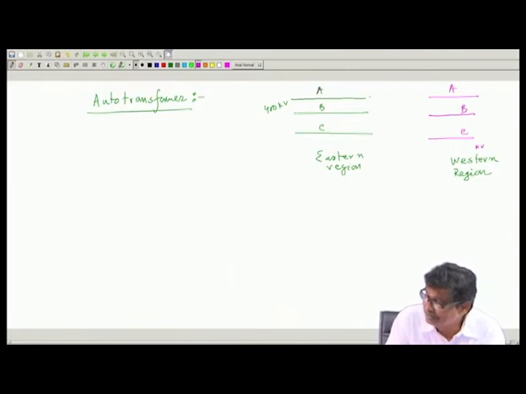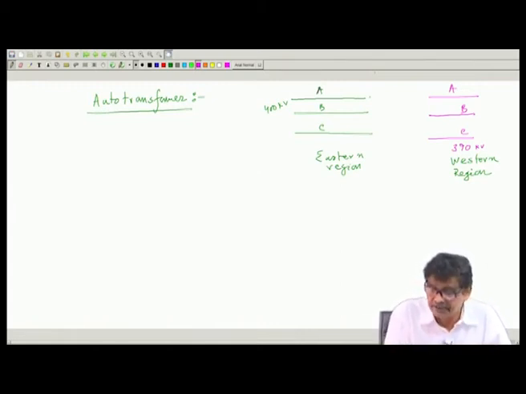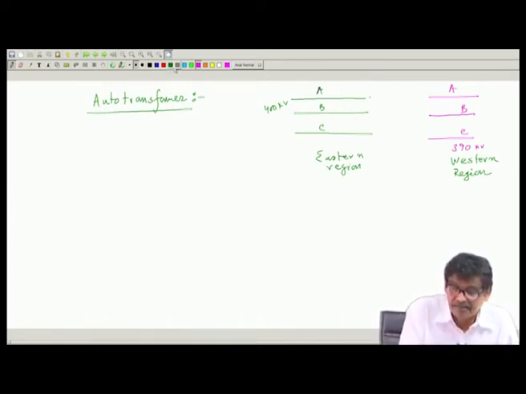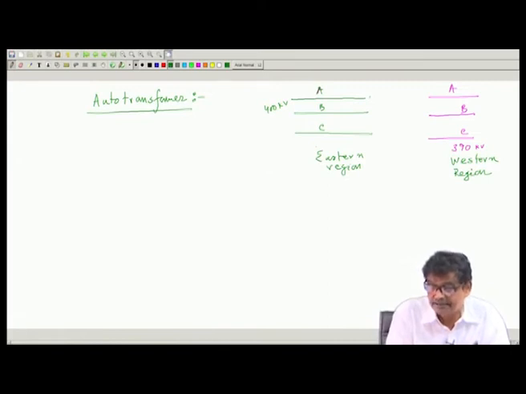Are you getting? Because of loads here also it is not 400 kV, maybe 402 kV or say 395 kV, because these systems are loaded, and the bus voltages may not exactly match.